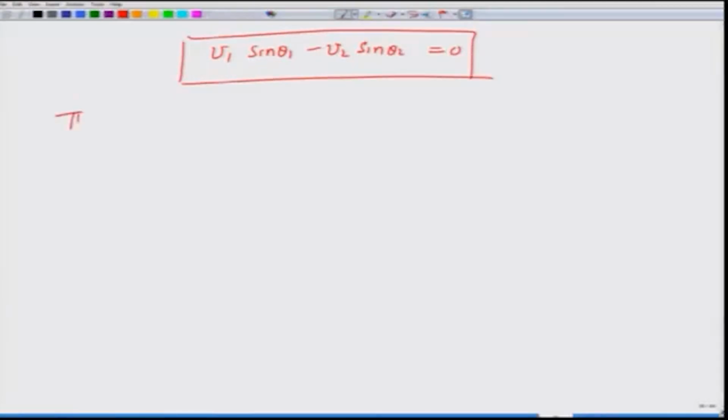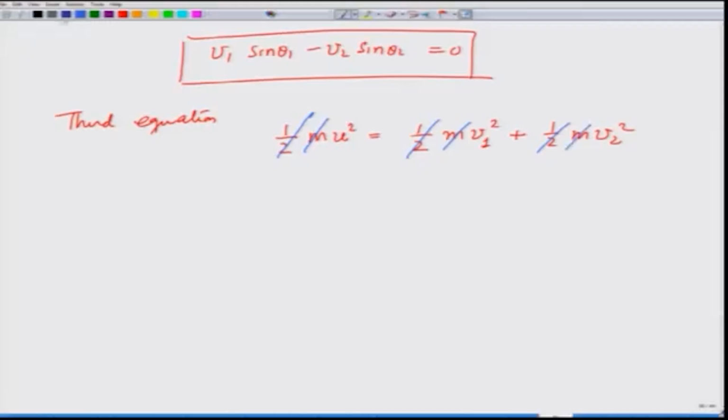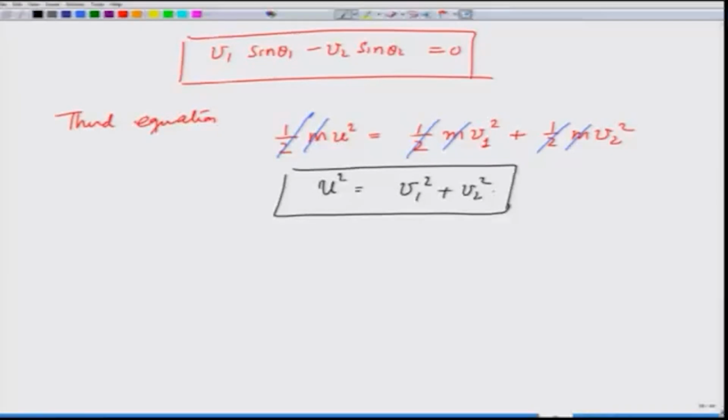The third equation comes from energy conservation, and that says that initial energy, half m u square, should remain the same even after the collision, because it is an elastic collision, plus half m v2 square, and again half cancels, m cancels, and I have u square equals v1 square plus v2 square. That is my third equation. Let me write them again.